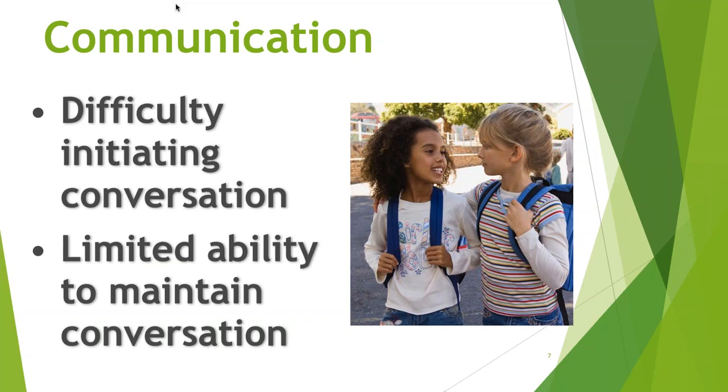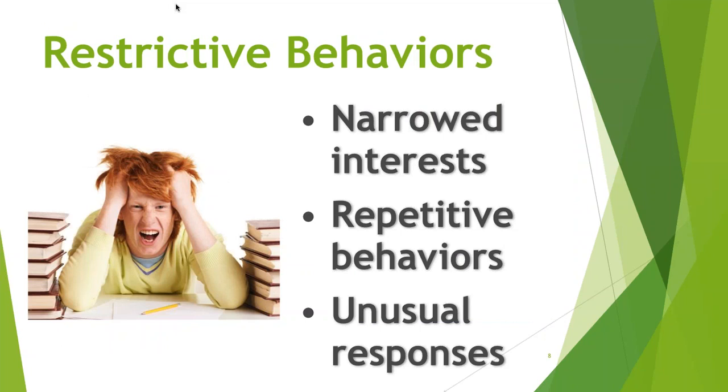The third and last area that people with ASD have difficulties with is restrictive or repetitive behaviors. So oftentimes this is what people think of when they think of, quote unquote, people with autism. People with autism may be very focused on a particular topic.